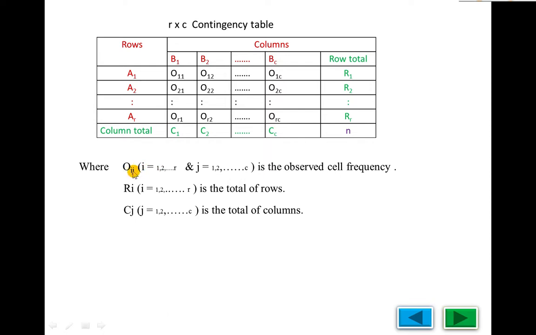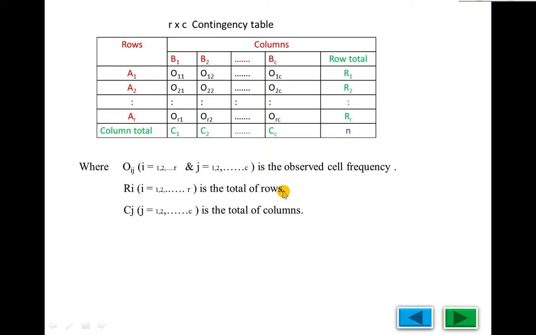O I J means if I equals 1, J will be 1, 2, 3, 4, 5 up to C. Here the row is fixed at 1, and J will be 1, 2, 3 up to C. Similarly, the next value of the row will be 2, and J will again be from 1 to C. So Oij means the observed frequency of all the cells of the rows and columns, and Ri: if I equals 1, it will be R1, if I equals 2, it will be R2, and so on up to RR.